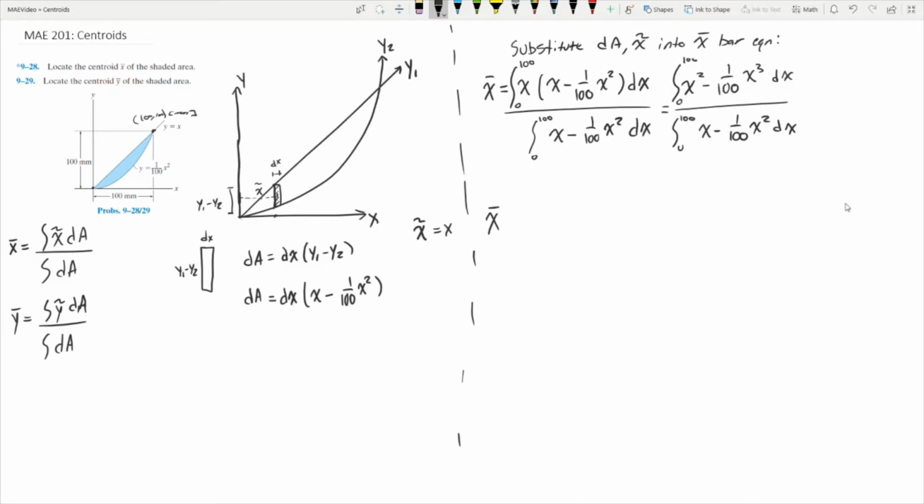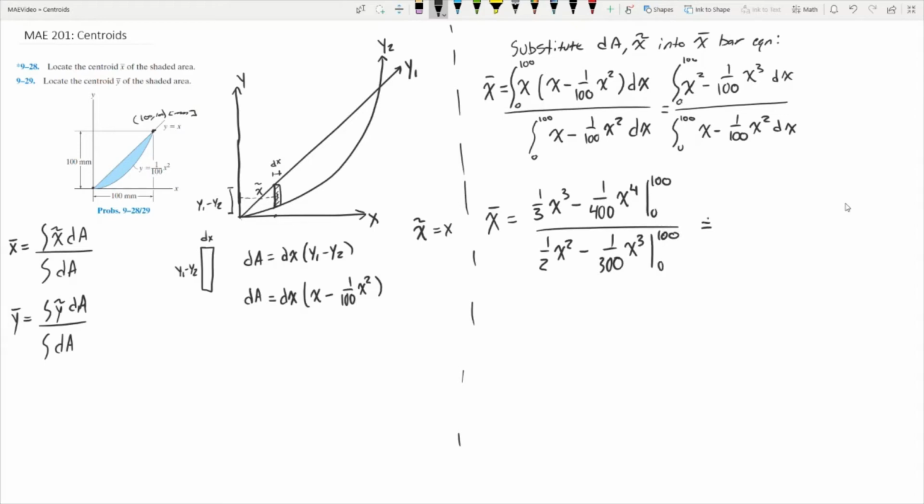So x bar is going to equal 1/3 x to the third minus 1/400 x to the fourth from 0 to 100, divided by 1/2 x squared minus 1/300 x to the third from 0 to 100.